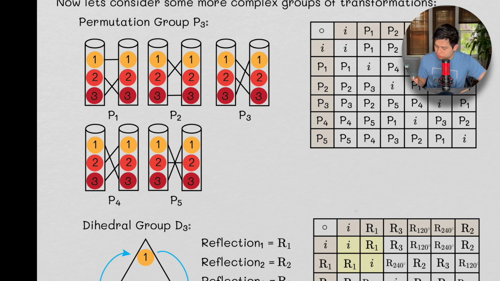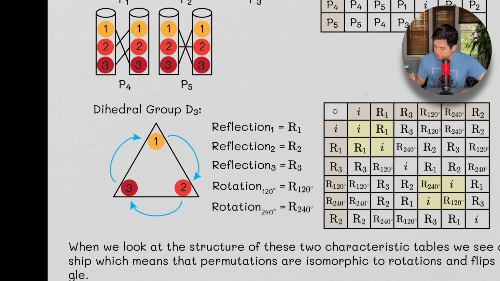We have 2 going to 3, 3 going to 2, and then 1 going to 1, 1 going to 2, 2 going to 1, and 3 going to 3. And you can read these off. P3, P4 are cyclic permutations, and we'll see that there's going to be some isomorphisms with this one here.